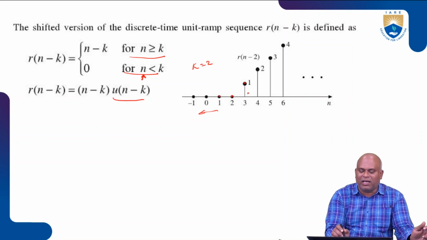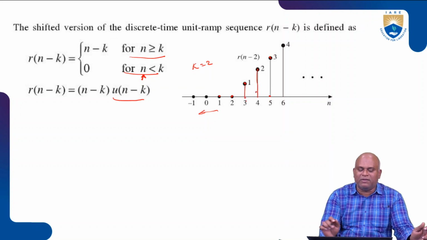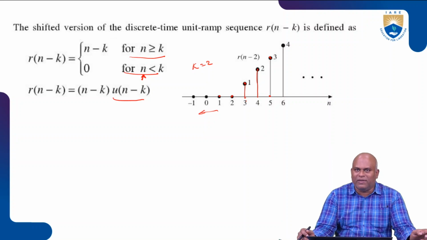After that it is going to be positive. When we increase to 3, k plus 1 is represented as 1. K plus 2, that is 2 plus 2, is represented as 2, and 2 plus 3, which is 5, is represented as 3. Then you join them, and we get the shifted version of the discrete time unit ramp signal.